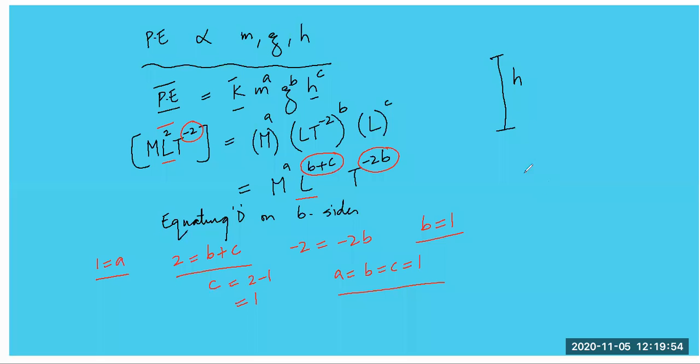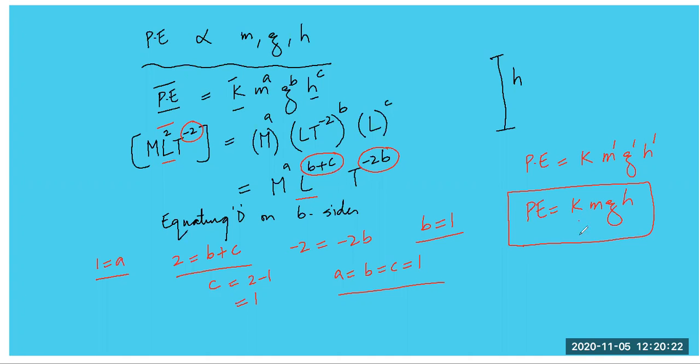From that, you will get the formula: potential energy is equal to some constant k into m raised to power 1, g raised to power 1, h raised to power 1. See that? Beautiful. Potential energy is equal to k m g h. Here you can't say that k is 1; you have to write k.